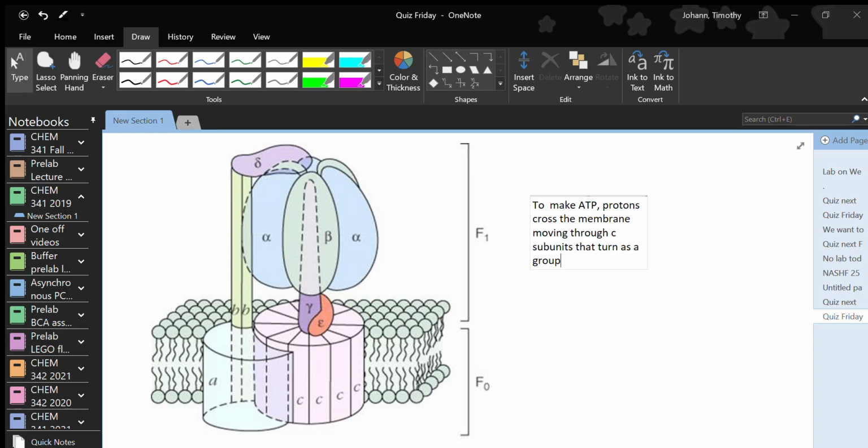This turns the gamma subunit, which pushes against the alpha and beta subunits, causing them to change shape.